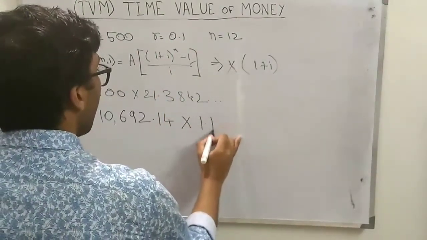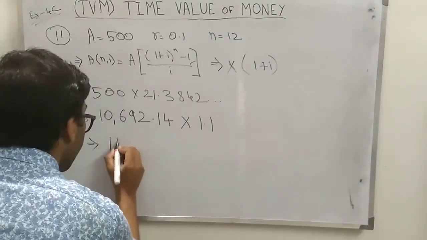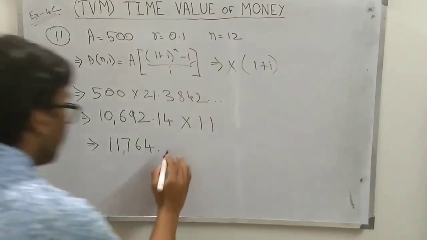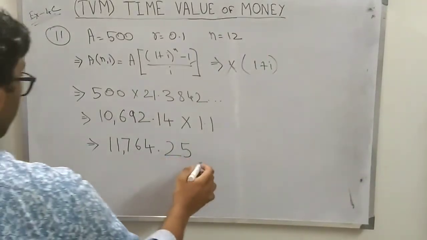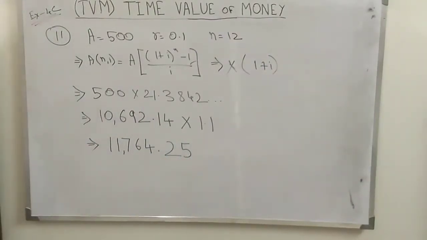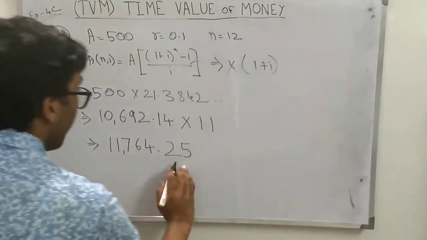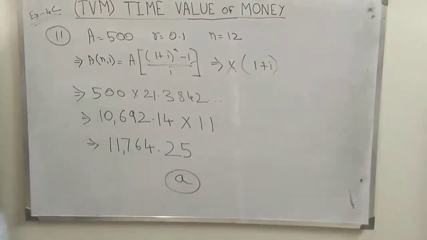Multiply this with 1.1 and the answer will be 11,764.25, I'm rounding it to 25. Now in option it is given as 11,764.25. It's almost same, that means it will be option number A. This is the correct answer.